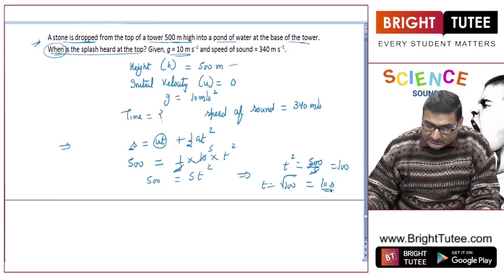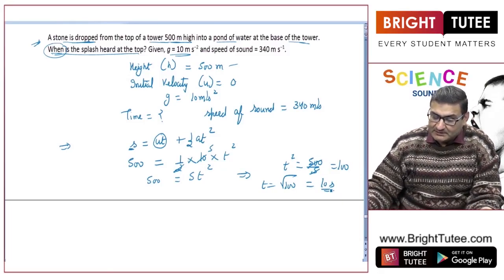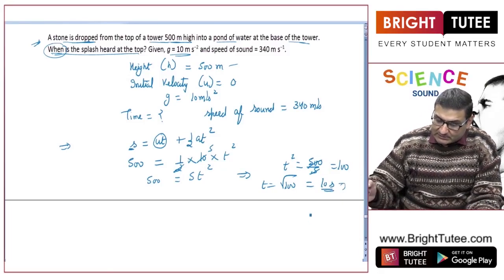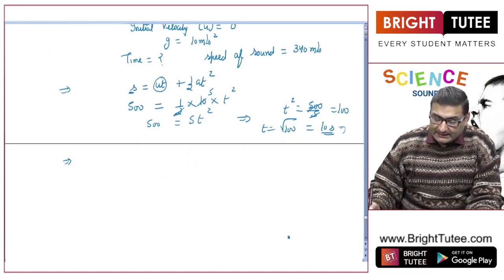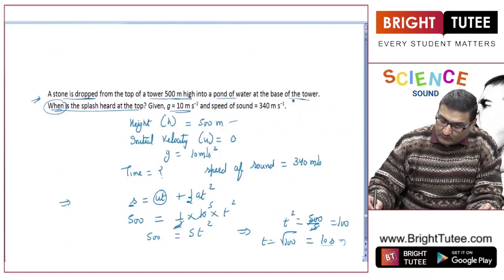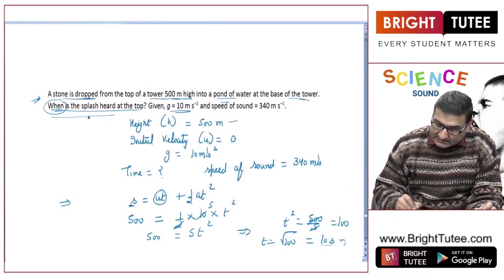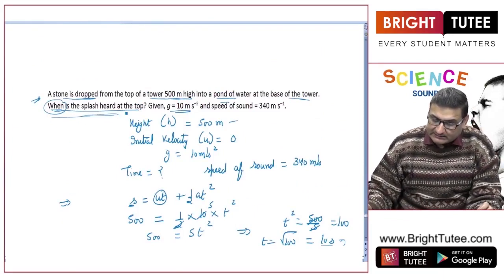Now, this was the first part that I have done. So, in 10 seconds the stone is reaching the pond. The second thing I needed to calculate was, when is the splash heard at the top?